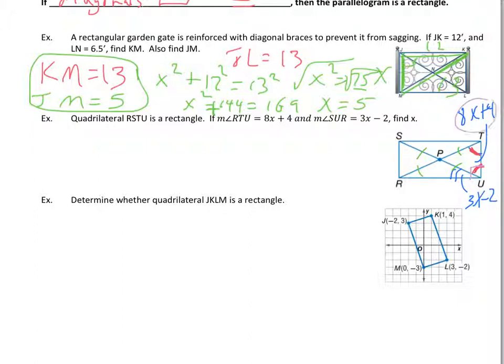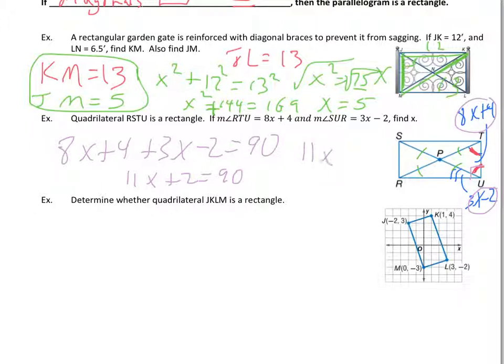So these two angles added to each other, they're complementary. 8x plus 4 plus 3x minus 2 is going to equal 90 degrees. Combine like terms. Subtract 2 from both sides, and 11x equals 88. Divide by 11, and x equals 8. And that's your answer there.